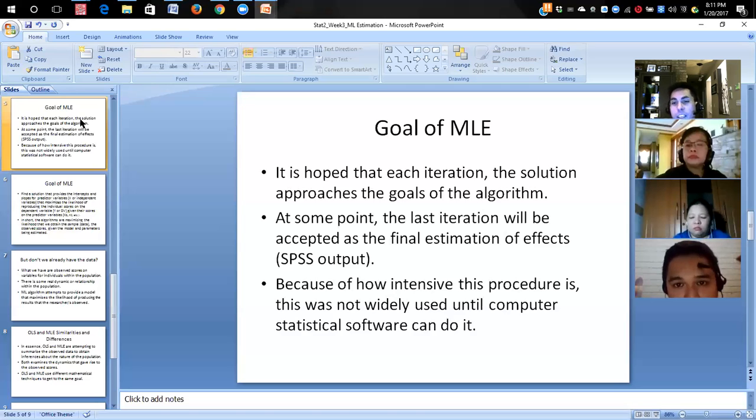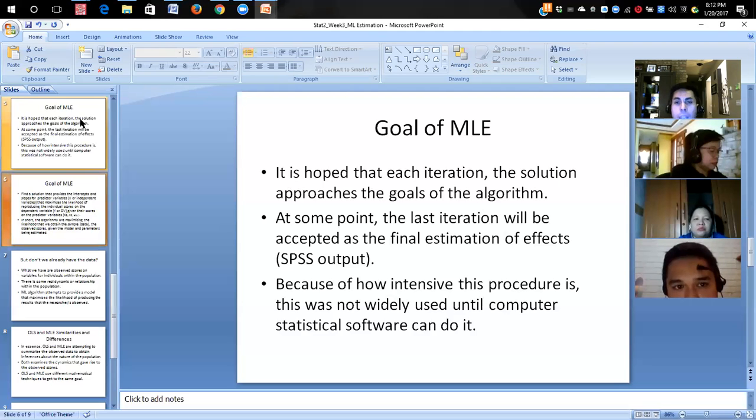But as I mentioned earlier, as long as you model your data appropriately, you can get similar results with ANOVA and regression. And that's why SPSS will always give you ANOVA output every time you do a regression analysis, which we will cover tonight. I will demonstrate that to you.